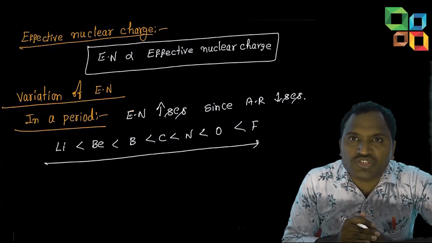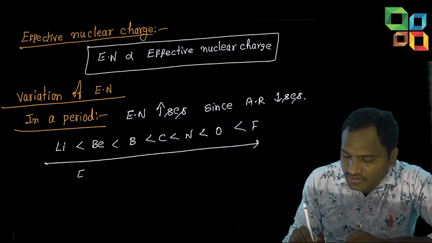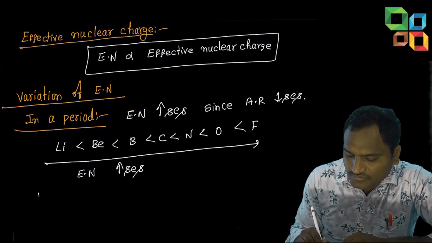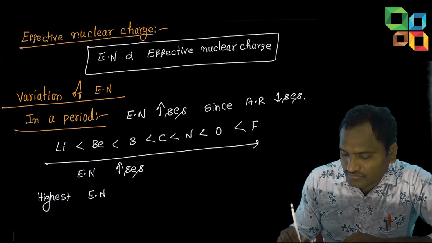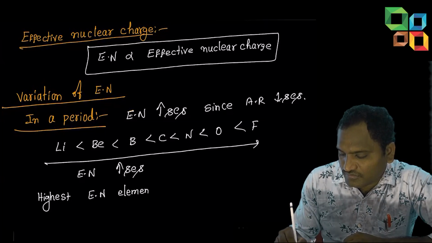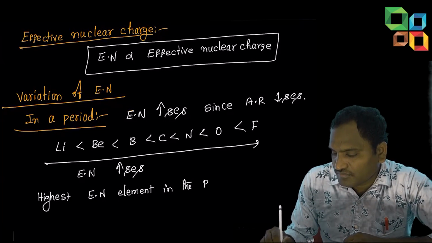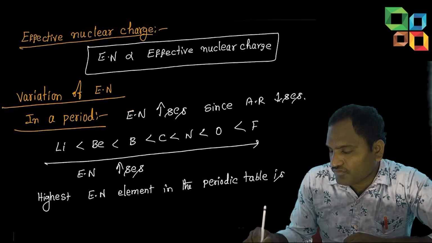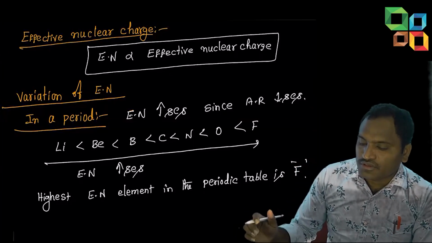So the highest electronegative element in the periodic table is fluorine. This is about the period.